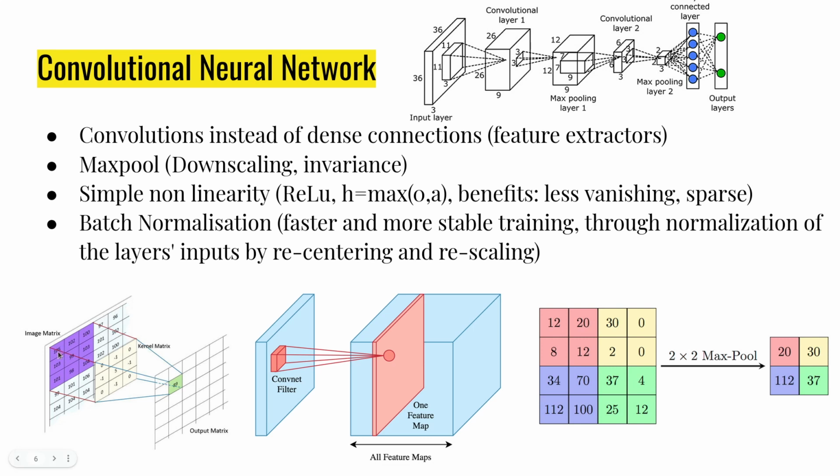How much we shift is called the stride. If you are moving 1 pixel, first taking this window and then moving right by 1 pixel, we call it stride 1, and if you are moving by 2 pixels, we call it stride 2. So first this window, and stride 2 means the next window is here, like that.